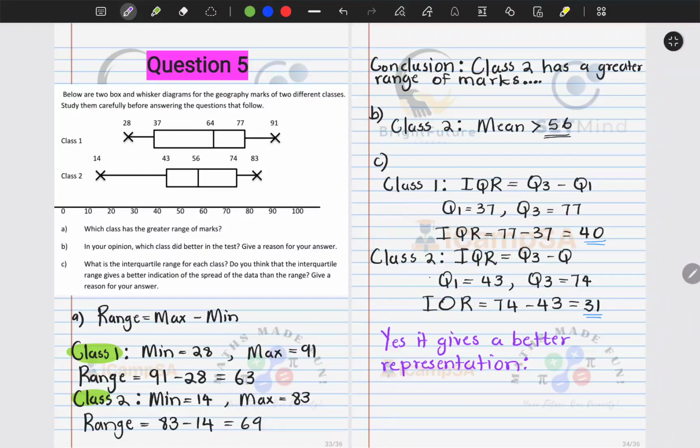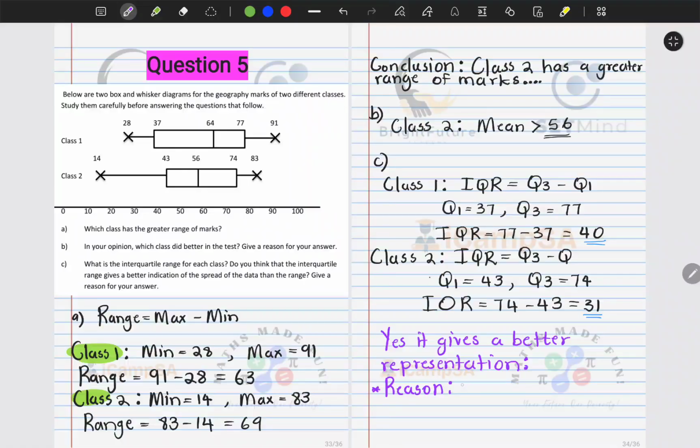Why? If you look at the range, look at the max and the min, these are too far apart. So if we focus on the two extremes, what we might be looking out for is outliers.